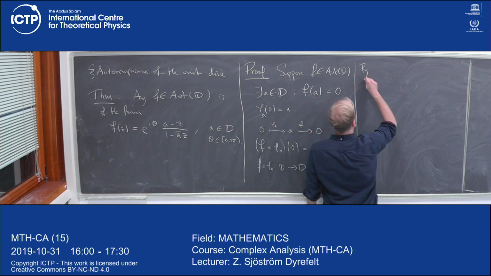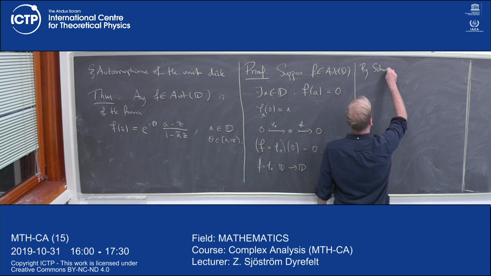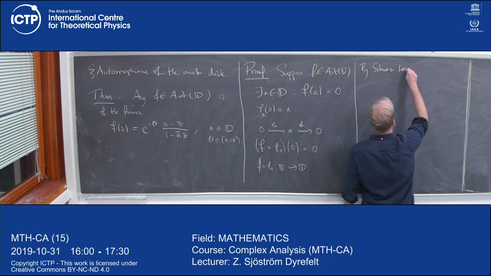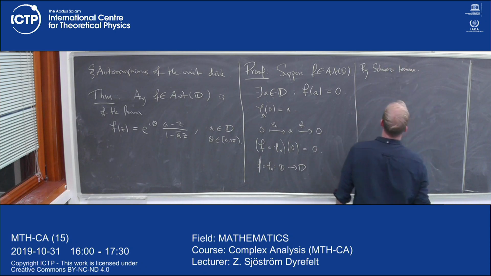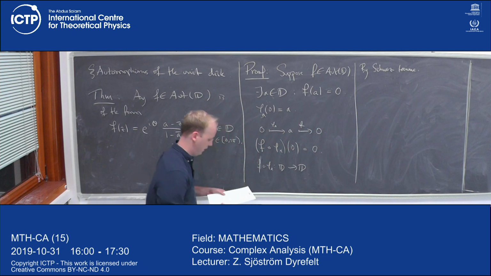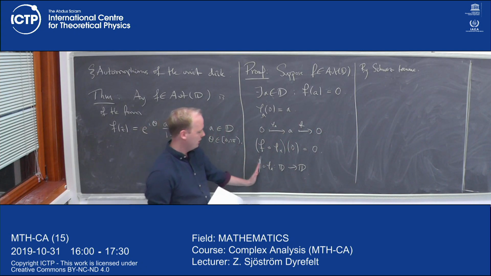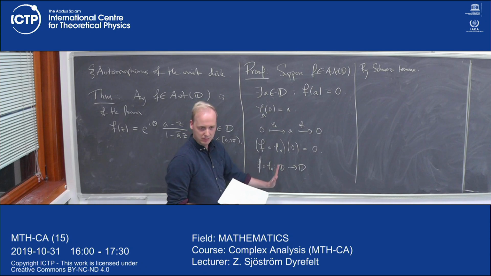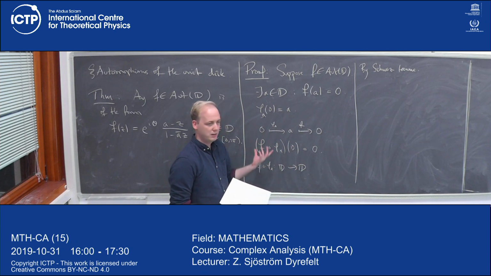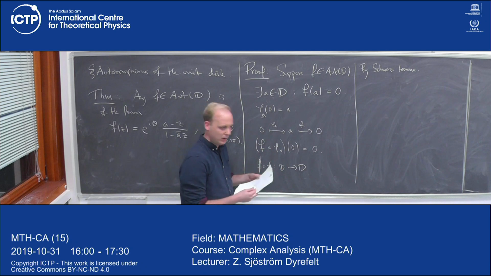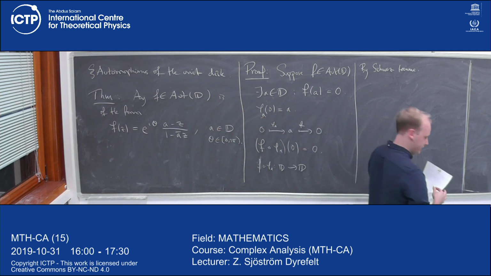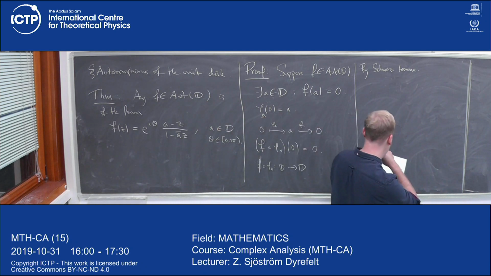By Schwarz lemma, we can have two possible conclusions. We can say that the absolute value of this at the point z, for every point z in the disk, is less than or equal to the absolute value of z. Or we can have the other conclusion about the derivative at 0.